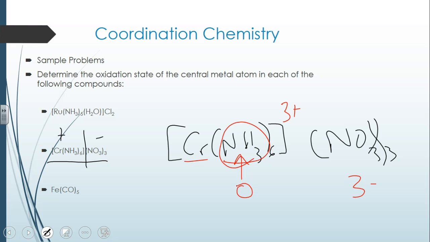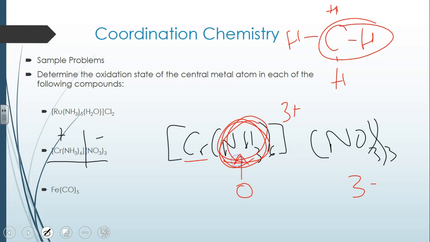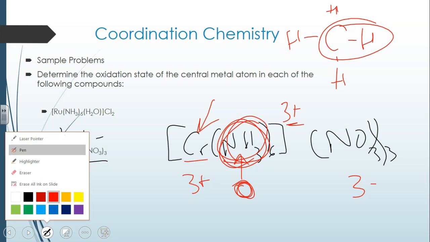When you think of methane, the bond is happening not because they're charged, it's happening because they're sharing electrons. Well, that's kind of what's happening here. This thing isn't charged, it's just sharing electrons. So it's a 0 charge. That makes the oxidation state of the chromium, since it has to add up to 3 plus, 3 plus.